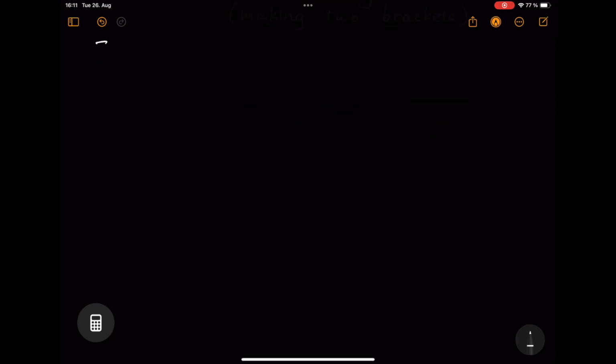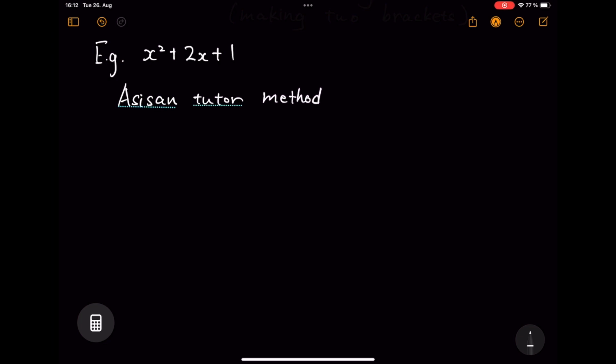So let's see the first example, which is x squared plus 2x plus 1. So we have the Assan-Tudor method, which is the crossing method. So we basically draw a cross.